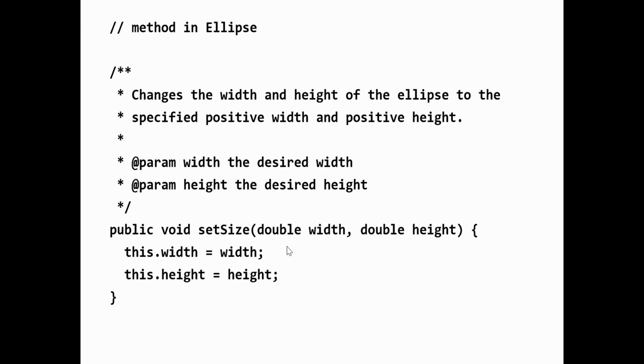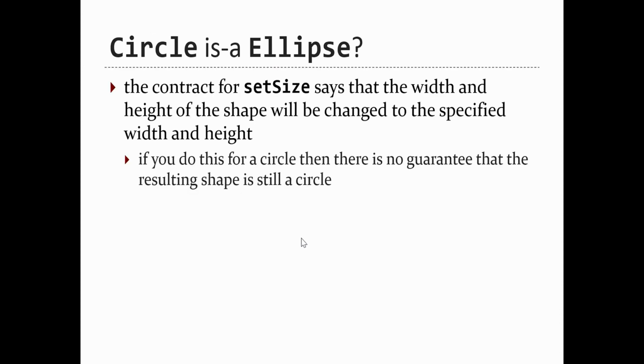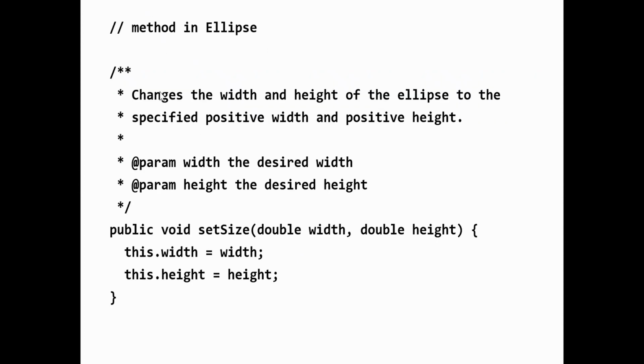We should do some validation here, but that just gets in the way for our purposes right now. So what does the contract say? The contract for ellipse says it changes the width and height of the ellipse to the specified positive width and positive height. So if you have an ellipse and you call setSize with 1 and 2, its width becomes 1 and its height becomes 2. That's what the contract says.